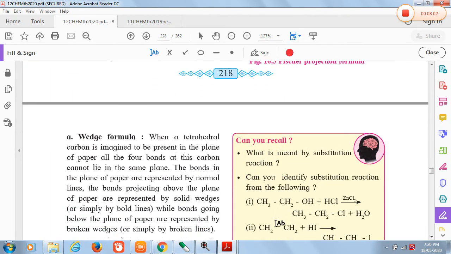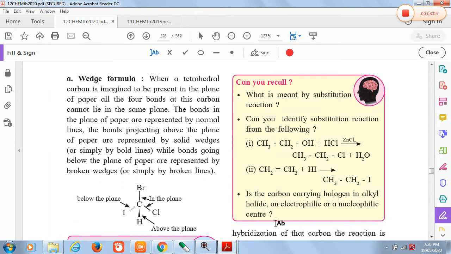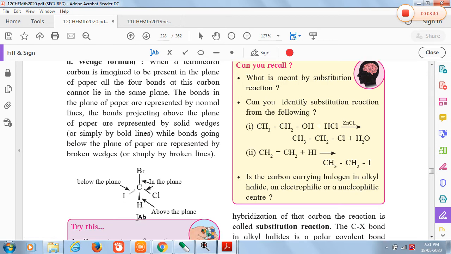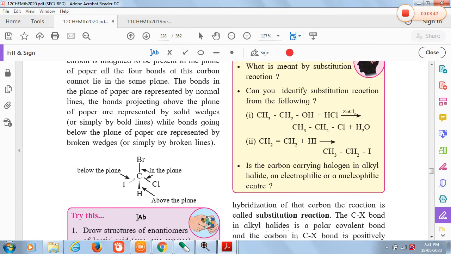Now when a tetrahedral carbon is imagined to be represented in the plane of paper, all the 4 bonds at this carbon cannot lie in the same plane, and the bonds are shown with simple lines. They are in the plane, so Br and Cl are in the plane. Iodine is shown with dotted wedge, so it is below the plane, and hydrogen is shown with solid wedge, so it is above the plane. This is according to sign convention.